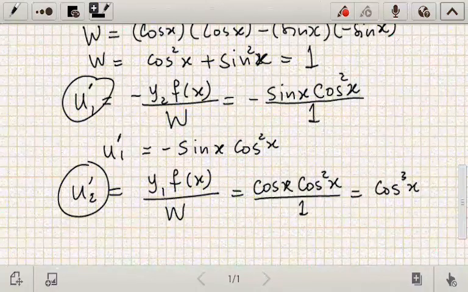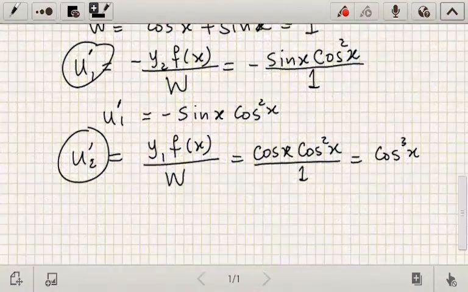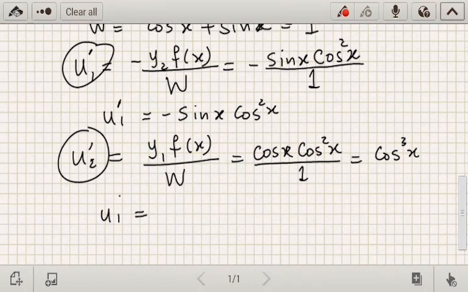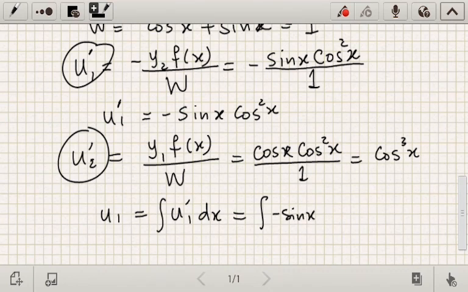So let's do the integration. u1 equals the integral of u1 prime with respect to dx. So we get the integral of minus sine x cos square x dx, right?